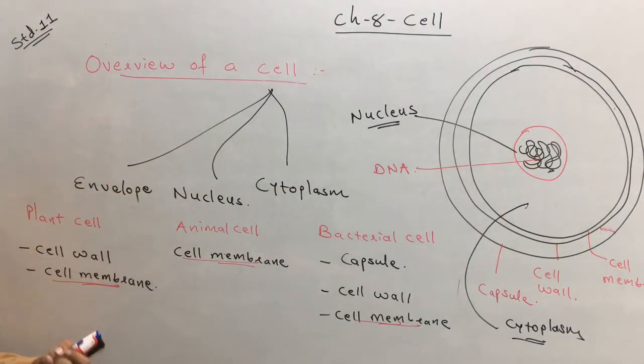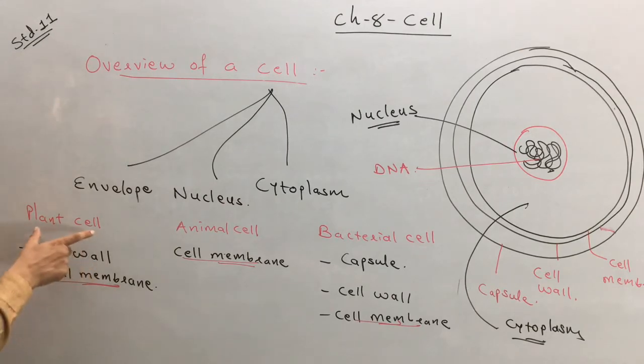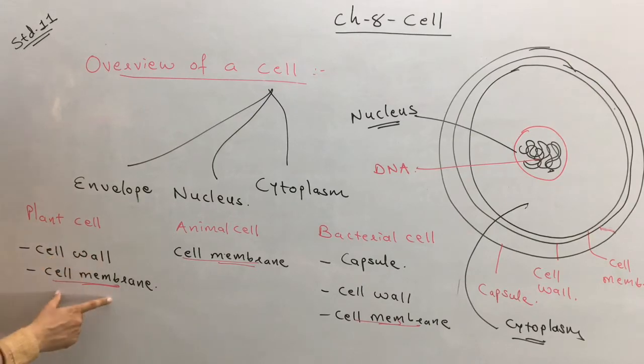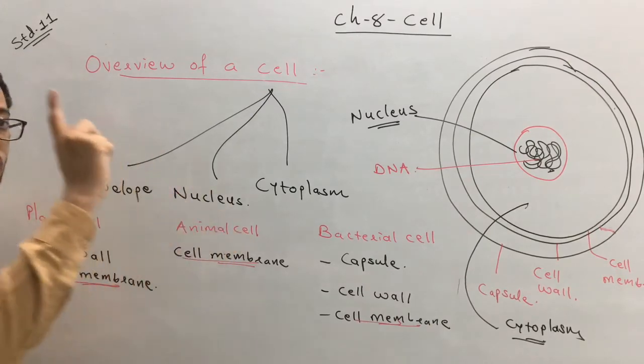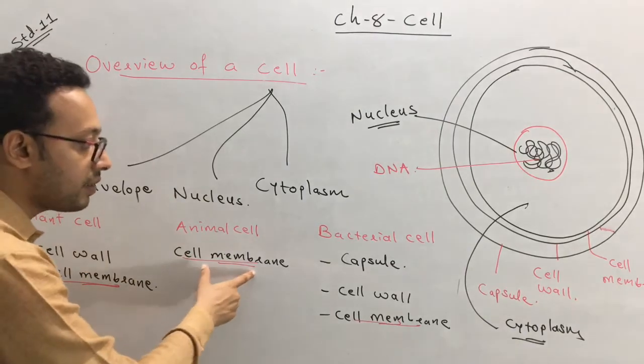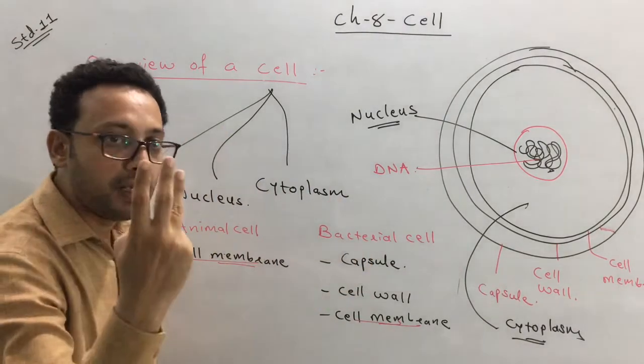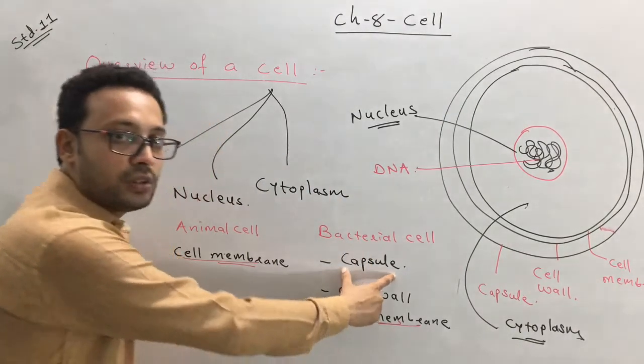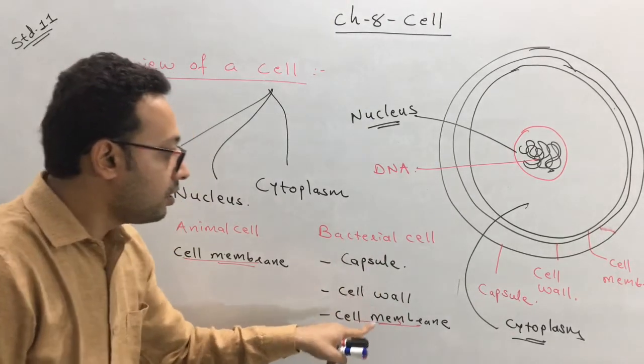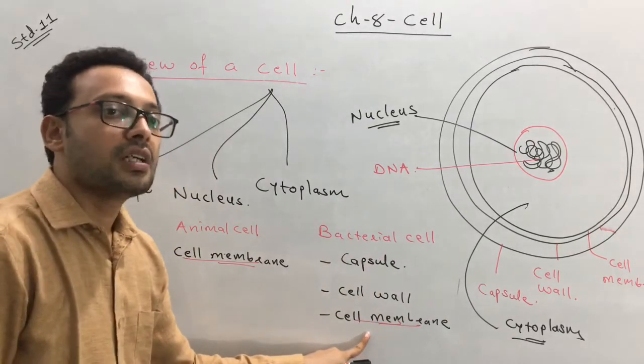Depending on the type of cell, different numbers and types of boundary are present. Plant cell has two boundaries, outer is cell wall, inner is cell membrane. Animal cell has only one boundary, the cell membrane. Bacterial cell has three boundaries: outermost capsule, middle cell wall, innermost cell membrane.